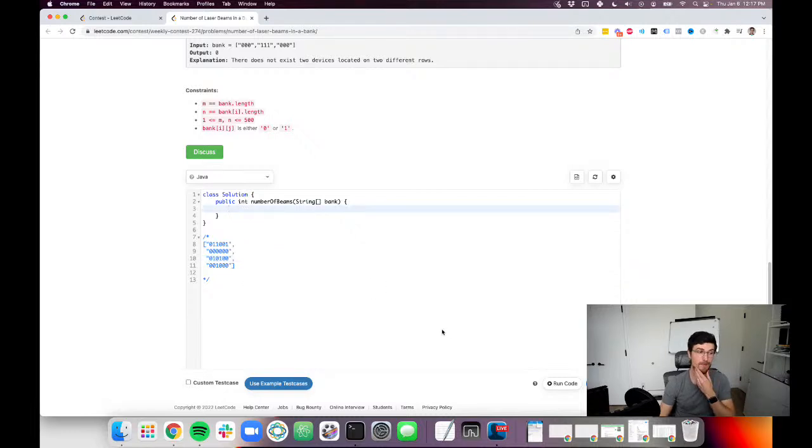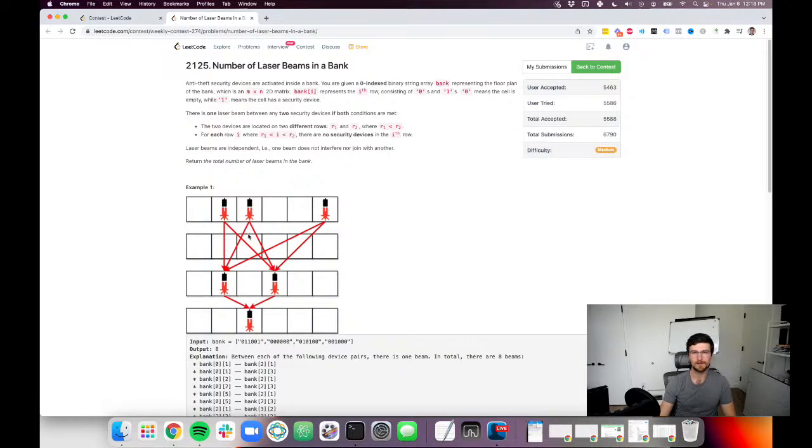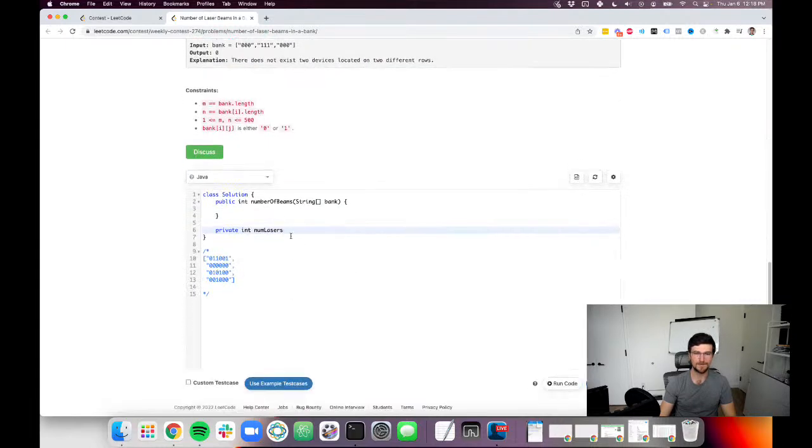If we think about this from a coding standpoint, what we're really going to do is iterate through our rows. I want to write a quick function that will help me count the number of ones. Let's call it num lasers. It's not really lasers, I guess it's security devices, so we can just call it num1s.